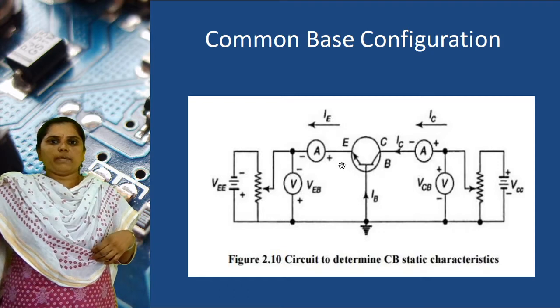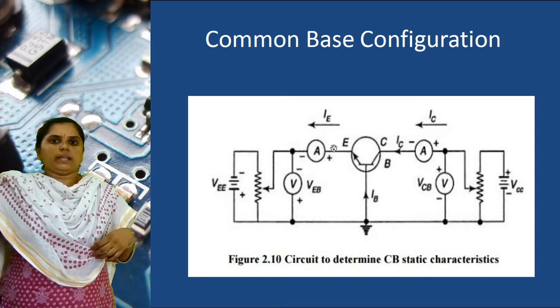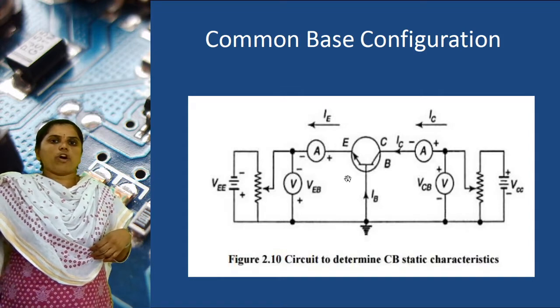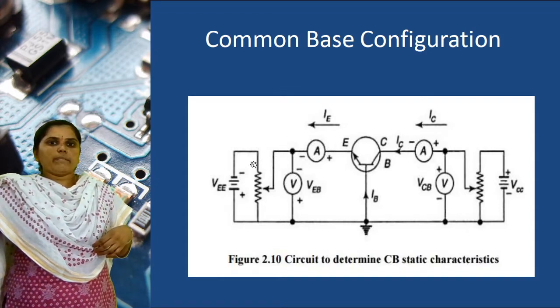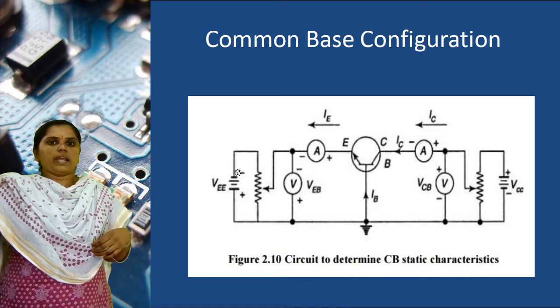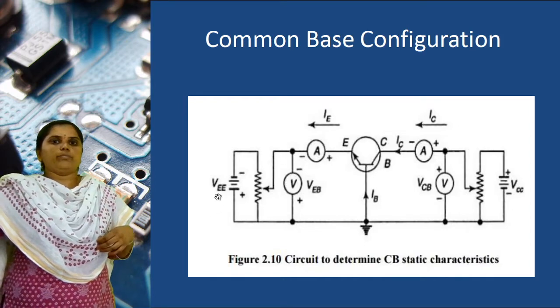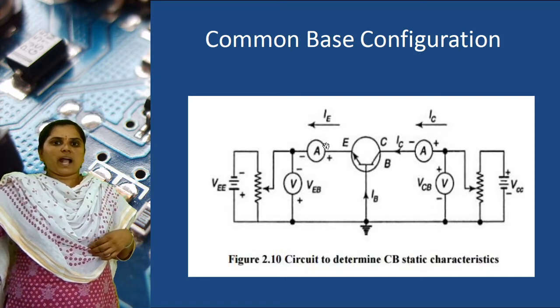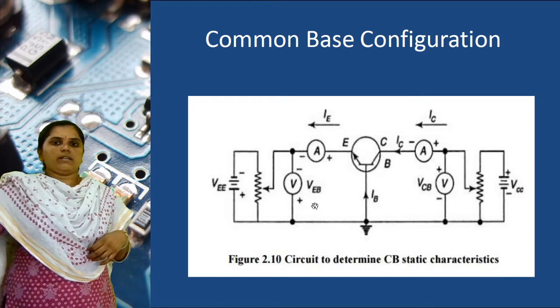This is an NPN, so the emitter terminal, the N terminal, is connected to the negative terminal and the P terminal is connected to the positive terminal of the battery. Here the input current is IE and the input voltage is VEB.